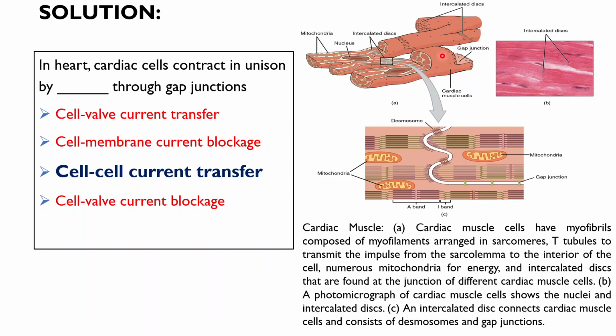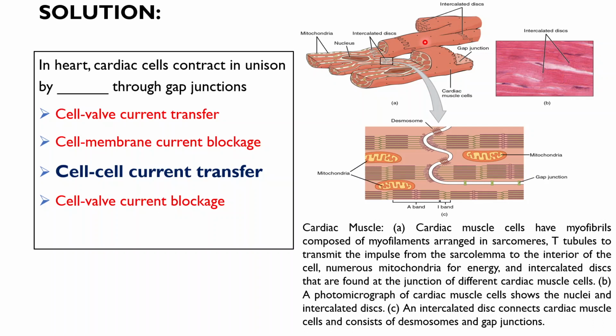And between these adjacent cardiac muscle cells or the cardiomyocytes, there are certain channels. These channels are hexameric channels, and they are referred to as the gap junctions. So what is the function of these gap junctions? Now the gap junctions play a very important role. As you know, the function of the heart is to pump blood throughout the body.